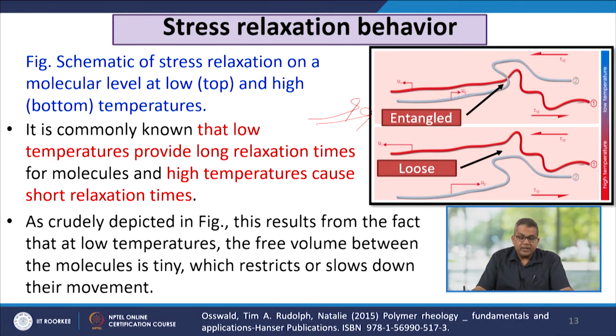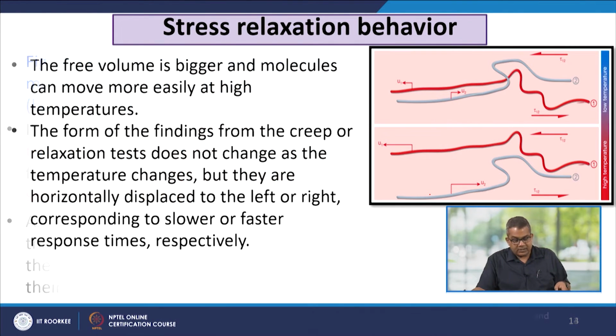This results from the fact that at a low temperature, the free volume between the molecules is tiny, so all these chains are entangled together, which restricts and slows down their movement. But if we raise the temperature, the free volume between the molecules becomes larger and they may become loose like this.